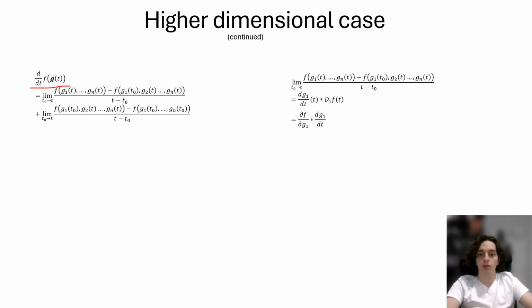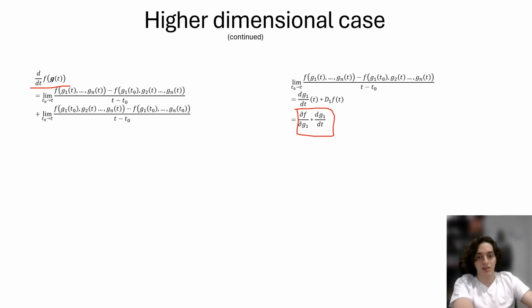We deduced from before that the left limit here in the sum reduces to just the partial of f with respect to g1 evaluated at g of t, that is, I make this mistake very frequently, times the derivative with respect to t of g1. Note that this right hand side is purely a function of t that outputs in one dimension.